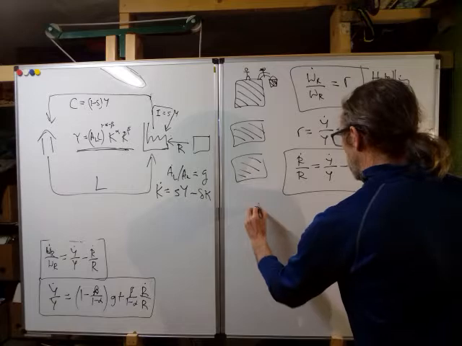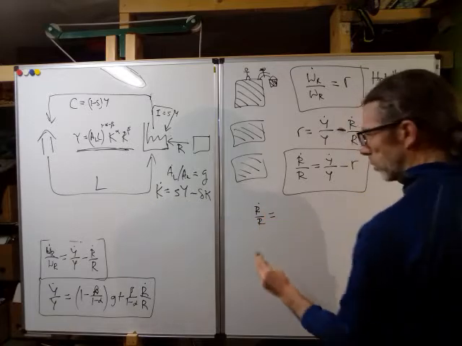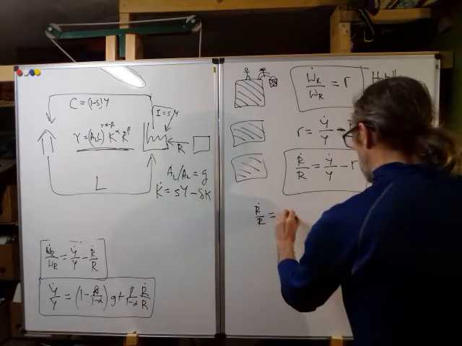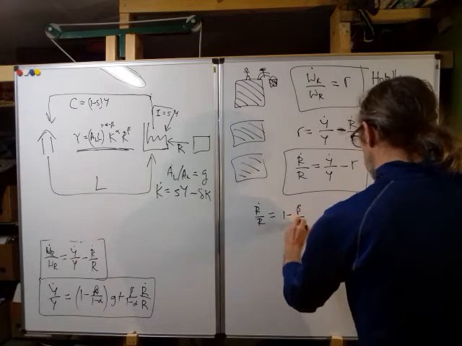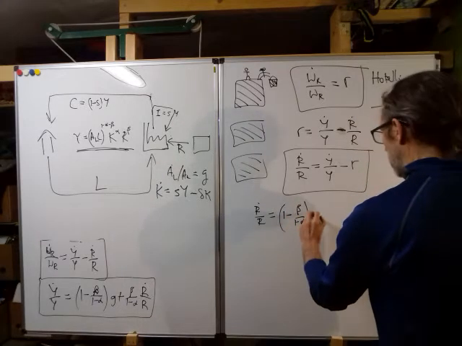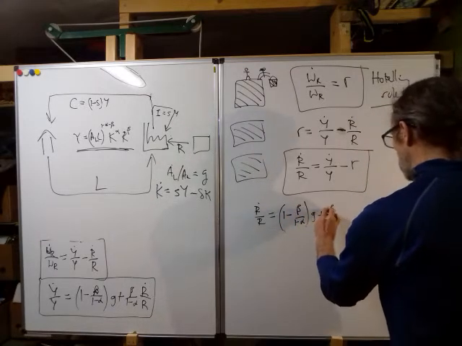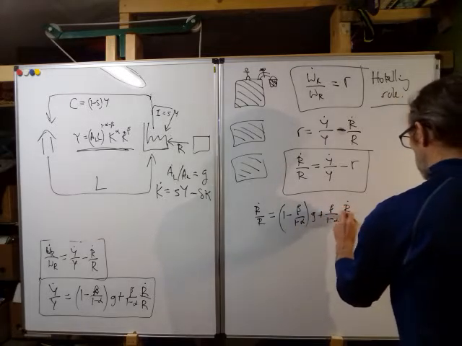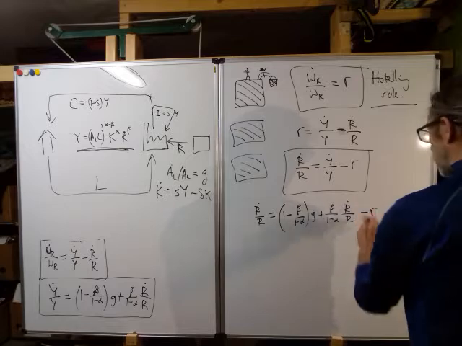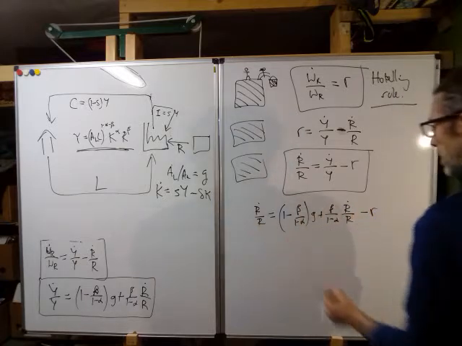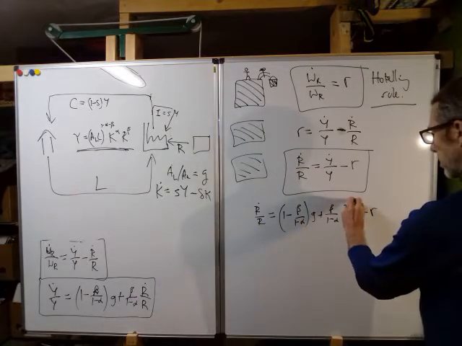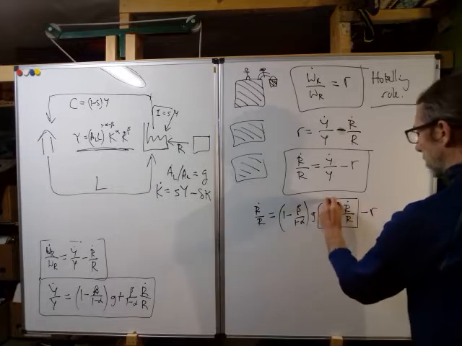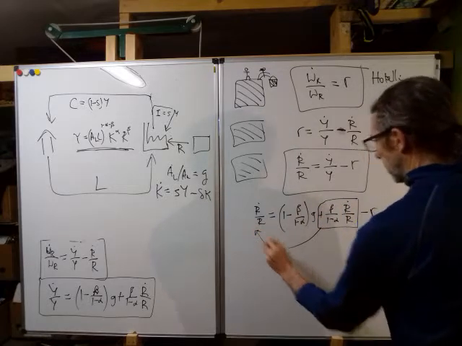So we have r dot over r equals y dot over y, which is 1 minus beta over 1 minus alpha times g plus beta over 1 minus alpha times r dot over r minus r. So again, take this over, usual kind of trick.